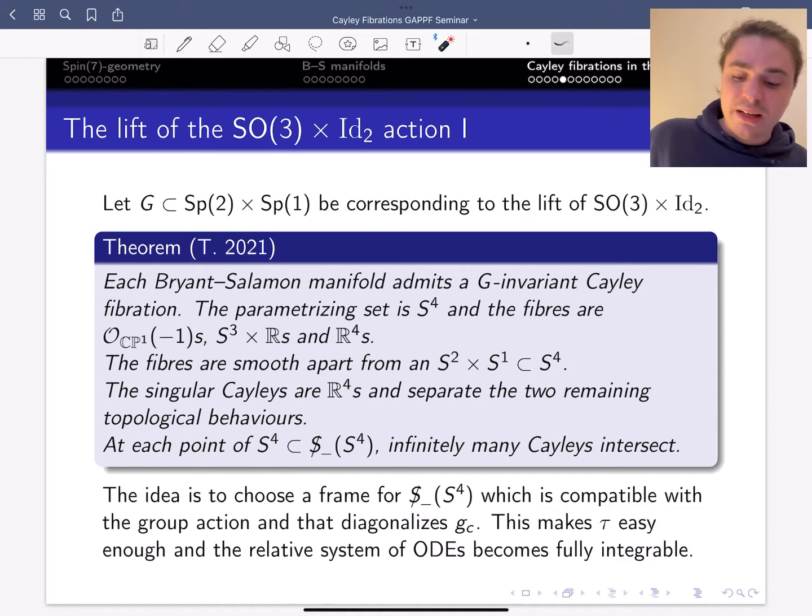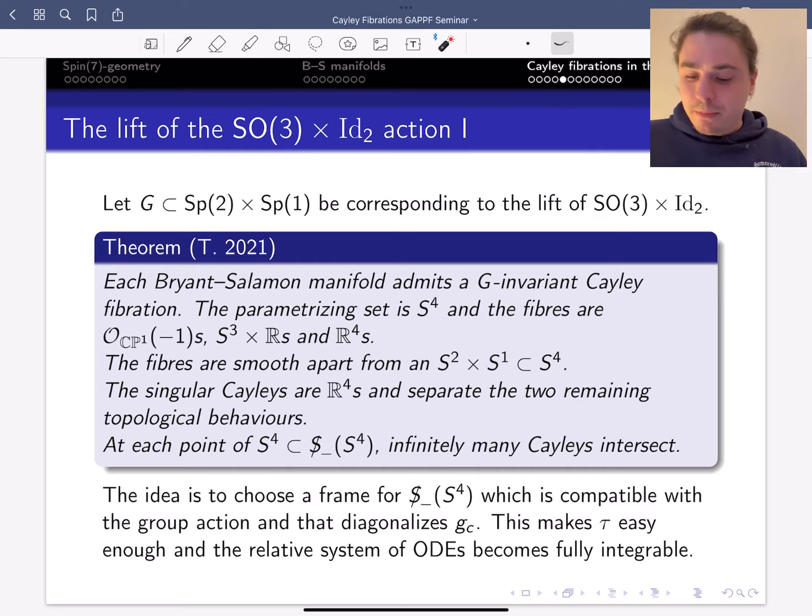So these Cayleys of topology R4 are kind of a wall between the topological cylinders and the topological bundles. At each point of the zero section of the negative spinor bundle of S4, we have infinitely many Cayleys intersecting.